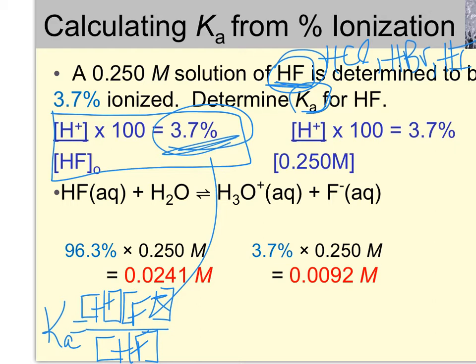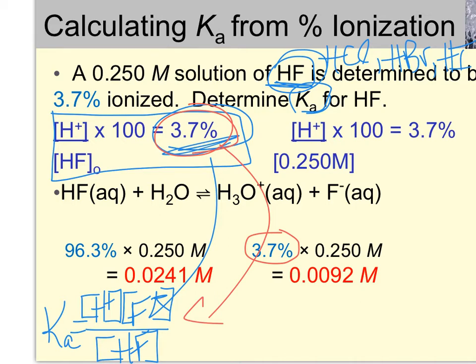So now the question is, how do we get from percent ionization to this expression for K? Well, believe it or not, the percent ionization actually tells you. What does 3.7% mean?